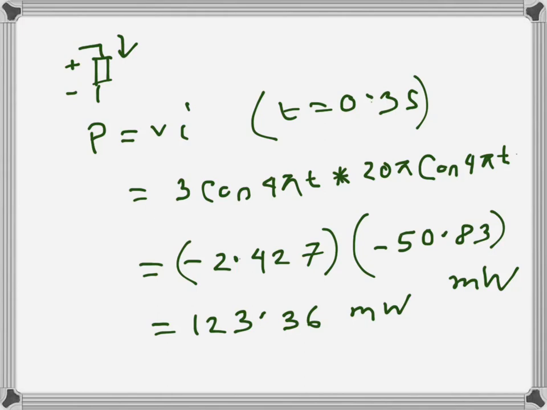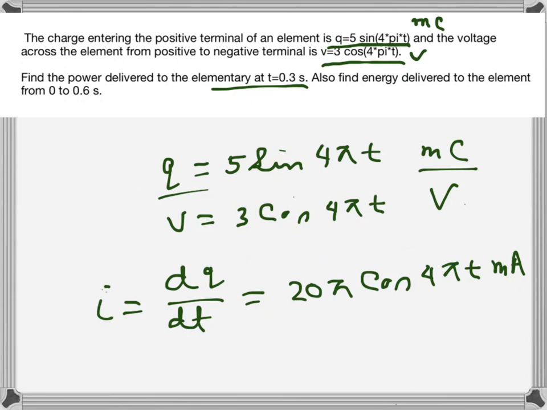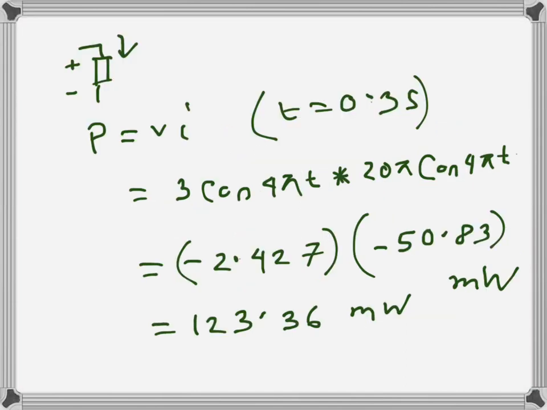So that's there. Now we need to find the energy delivered to the element from 0 to 0.6 seconds. So we know energy is the integral of p dt, from 0 to 0.6 seconds.